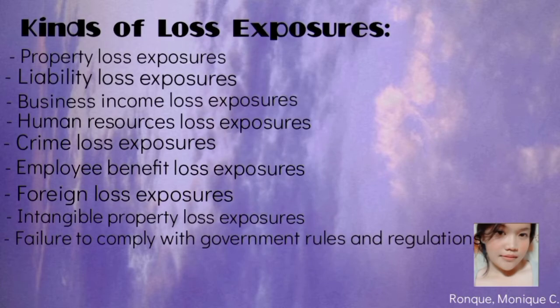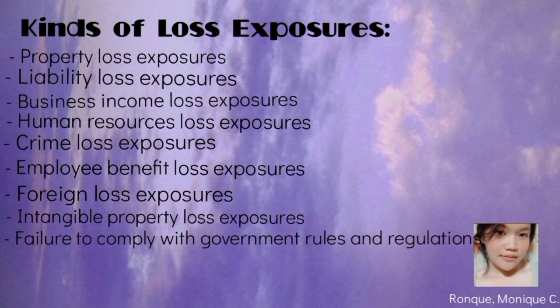Kinds of loss exposures: property, liability, business income, human resources, crime, employee benefit, foreign, intangible property, and failure to comply with government rules and regulations. Property loss exposure is a condition that presents the possibility that a person or an organization will sustain a loss resulting from damage to property in which that person or organization has a financial interest, including destruction, taking, or loss of use.